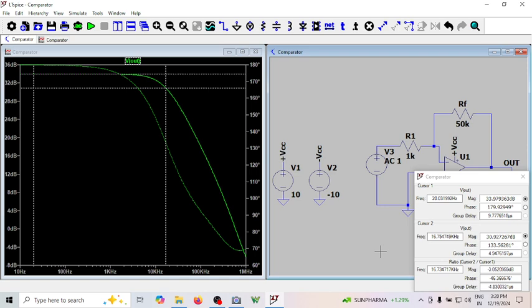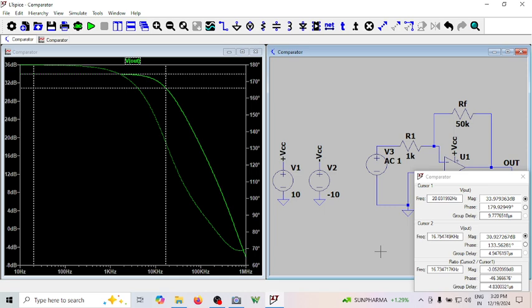Now the gain in dB happens to be 33.9 dB and the bandwidth is 16.75 kilohertz. 10 to the power of 33.97 divided by 20 is 49.9, which is the gain.